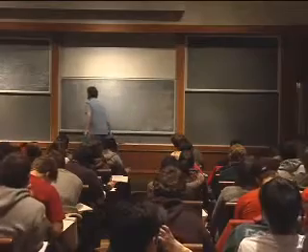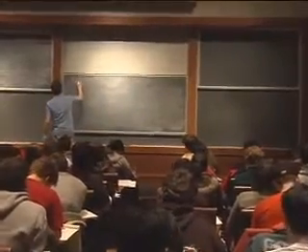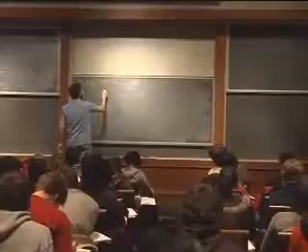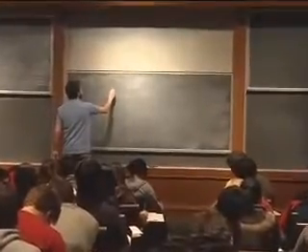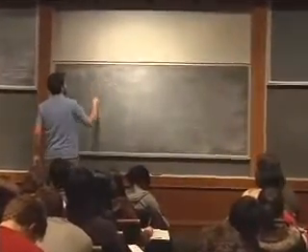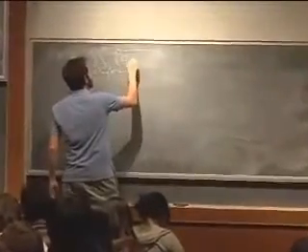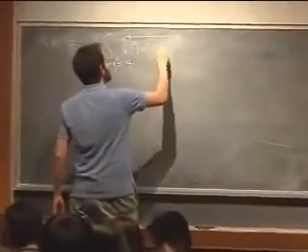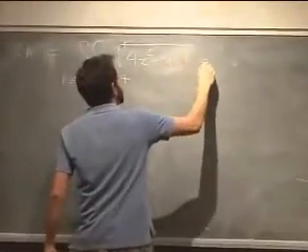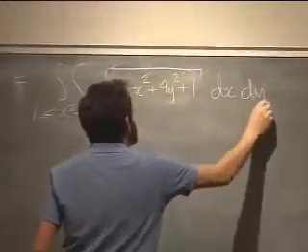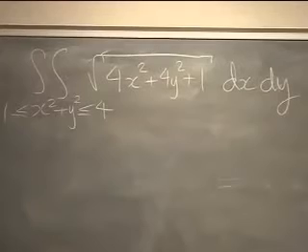So we've reduced matters to seeing that the surface area is just the integral over the region x squared plus y squared between 1 and 4 of root 4x squared plus 4y squared plus 1 dx dy.